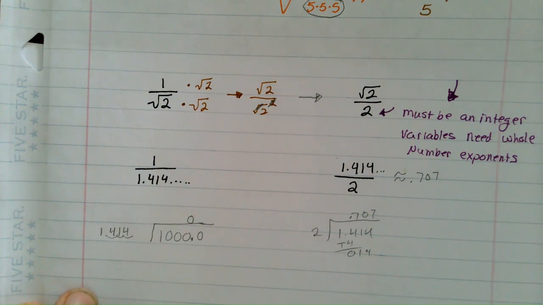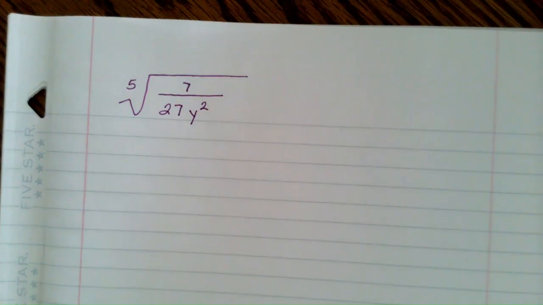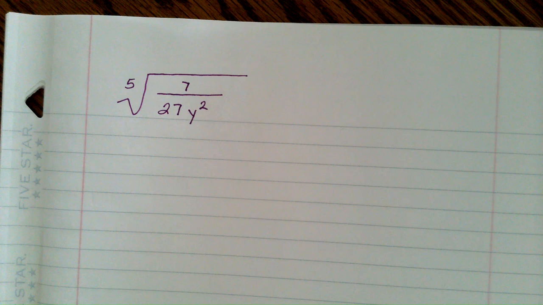So what's that going to look like? So right now we have the 5th root of 7 over 27y squared. Our denominator cannot be part of this radical because a radical can only have integers in it. It can have variables as well, but it all has to be in the numerator.